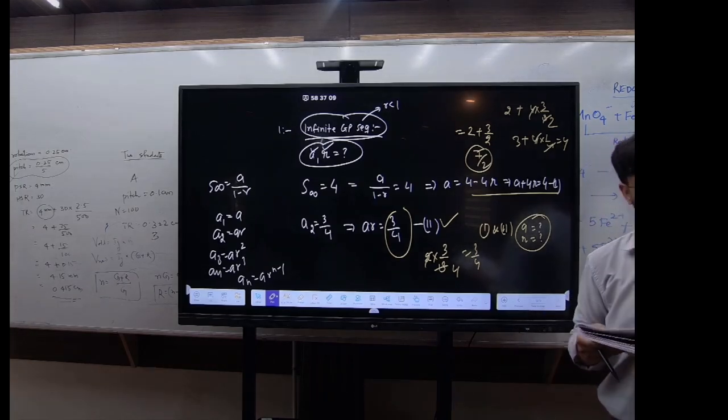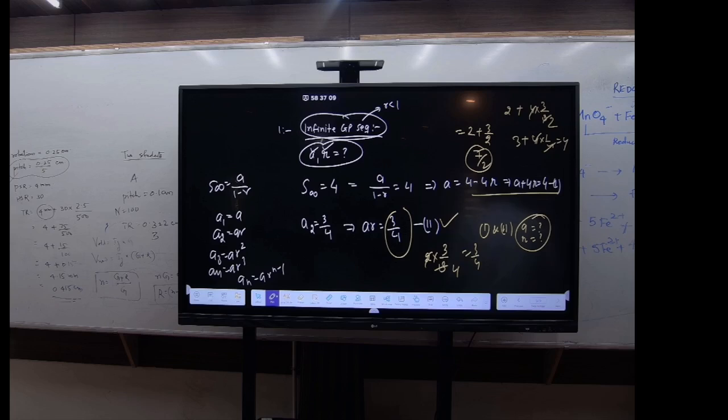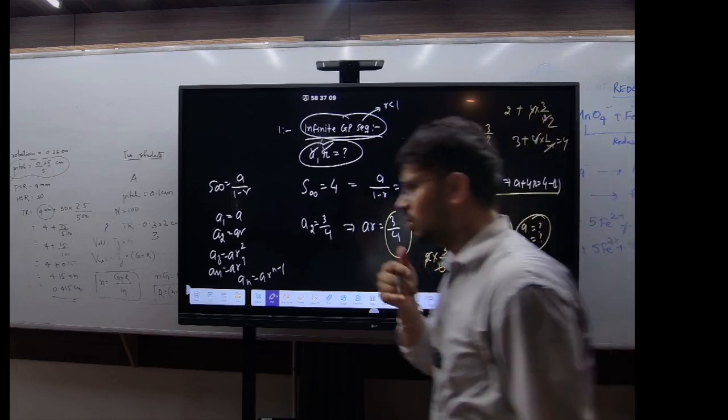Now question number 2. Again from here chances are there one question may come. Generally one question comes, and this is a very easy formula.